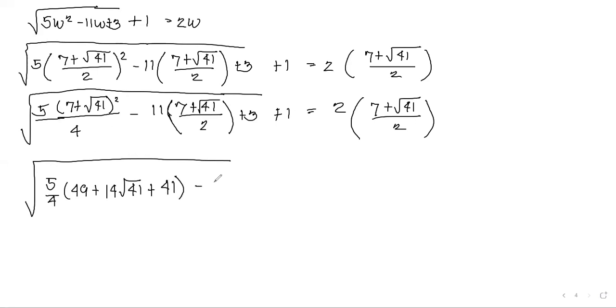Minus 11 multiplied by 7 plus square root of 41 over 2 and plus 3 equals, charot, may plus 1 pa. Plus 1 equals 2 divided by 2, 1. 7 square root of 41, yun na lang.